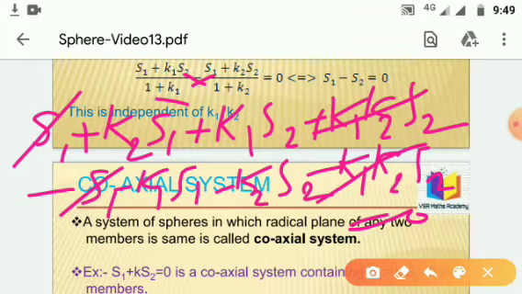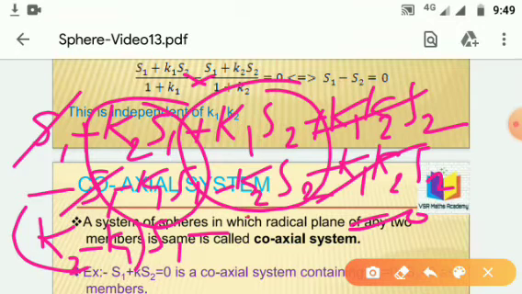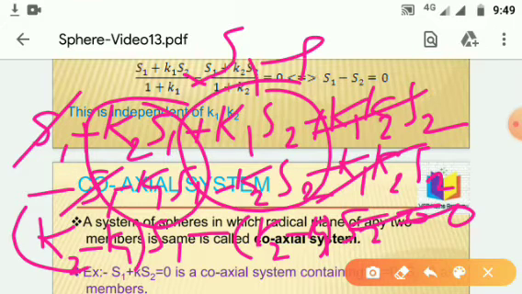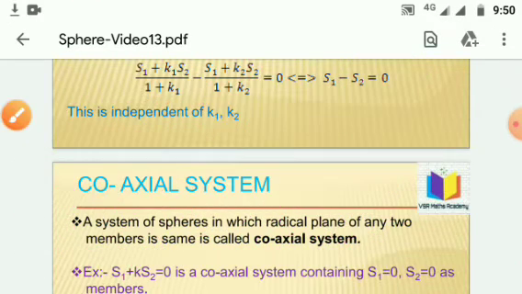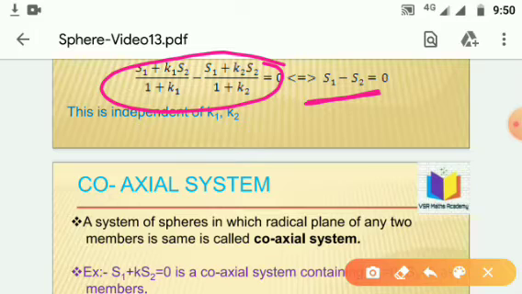So taking these two, you will get (K2 minus K1) S1 minus, taking these two, you will get minus of (K2 minus K1) S2 is equal to 0. So dividing with K2 minus K1, you will get S1 minus S2 is equal to 0. So by simplifying the entire equation, you will get S1 minus S2 is equal to 0.